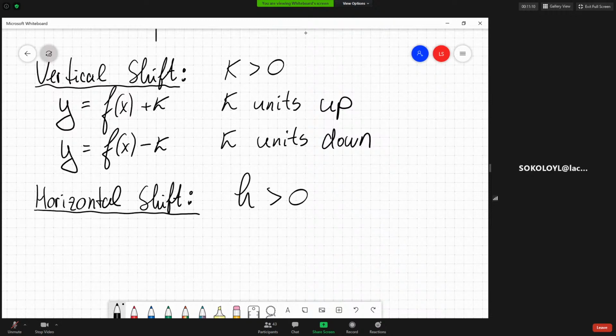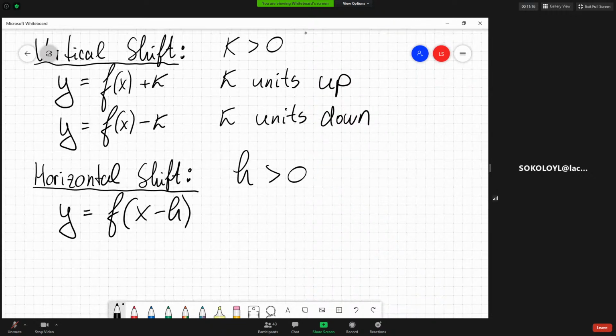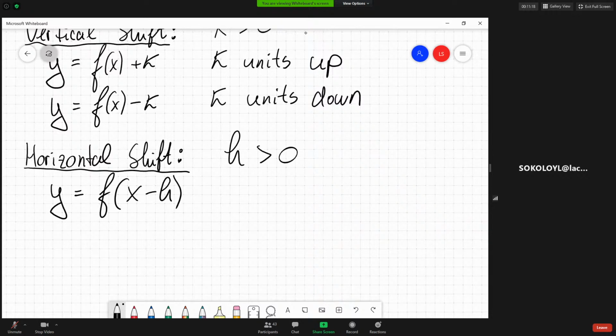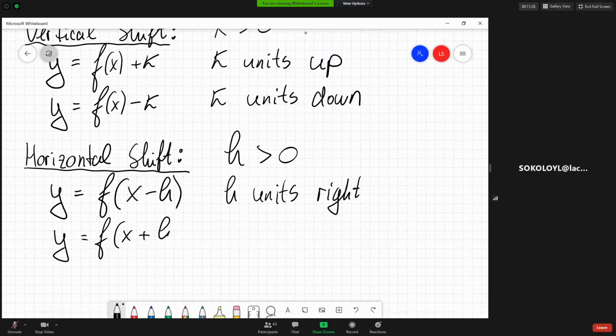So if we have y equals f of x minus h, this will be a shift horizontally h units to the right. And if we have y equals f of x plus h, this is again shift horizontally h units to the left.